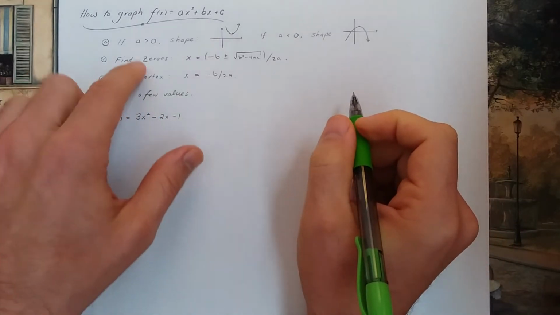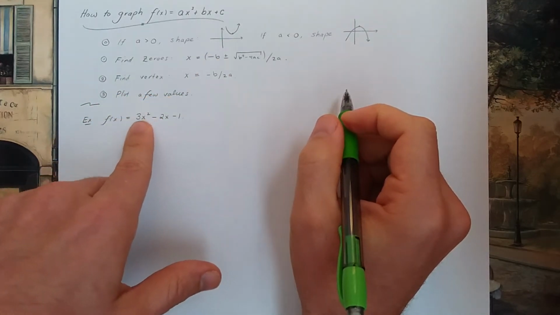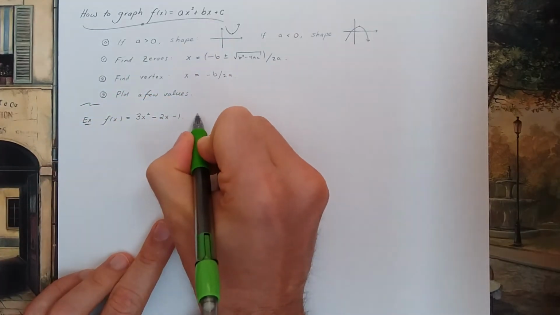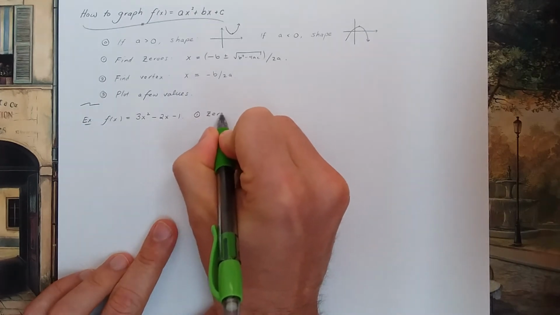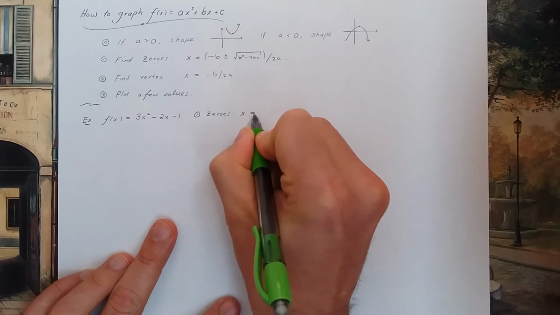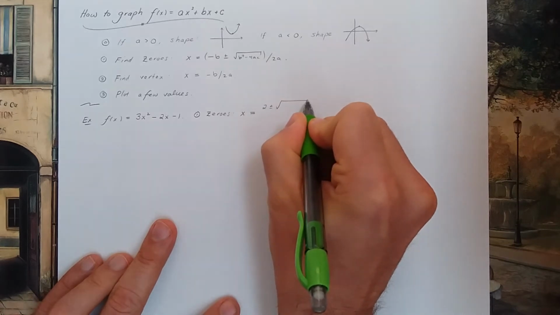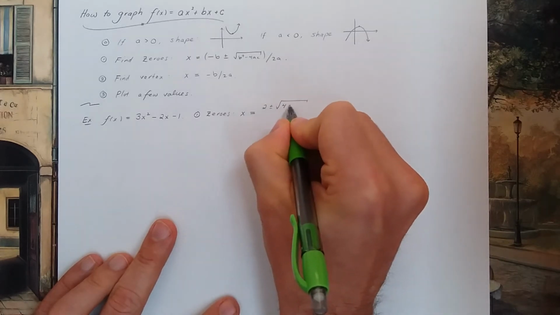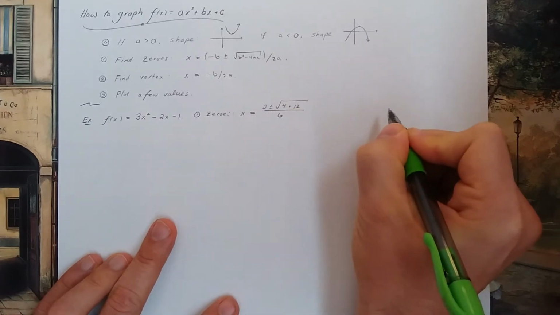Okay, so my step 0 is to identify that this is an upward facing parabola because the coefficient of x squared is positive. Next step, step 1, I'm going to find the zeros. The zeros, using the quadratic equation, are at x is equal to 2 plus or minus the square root of 4 plus 12 over 6.